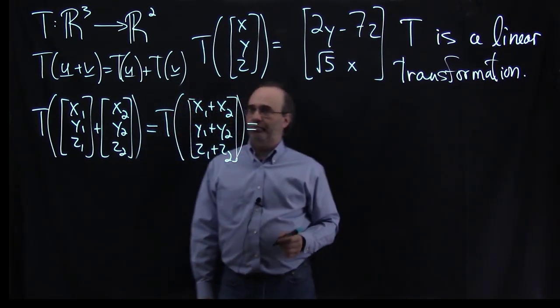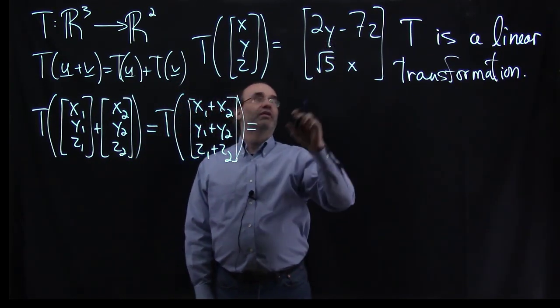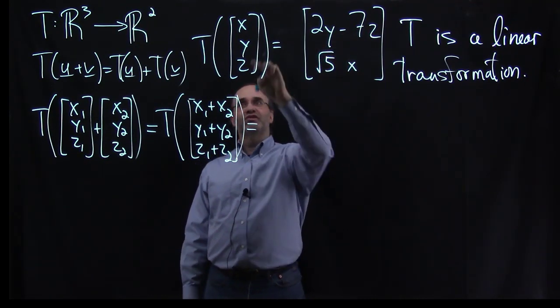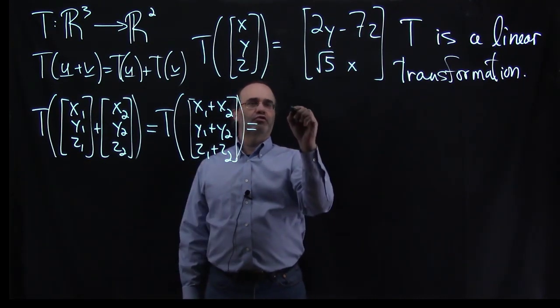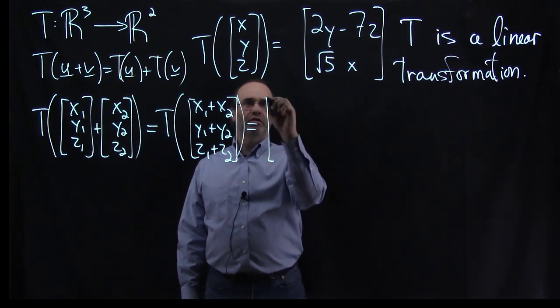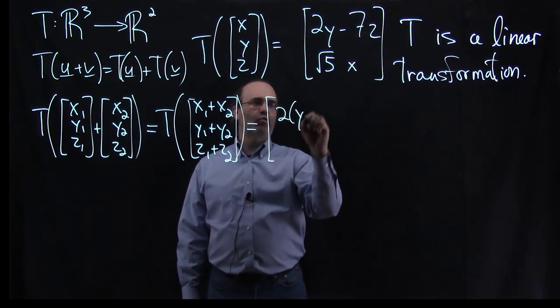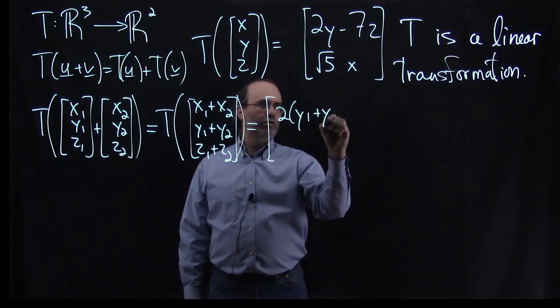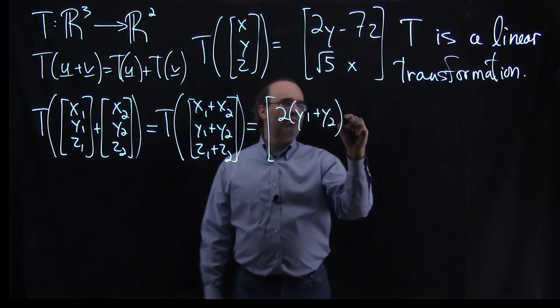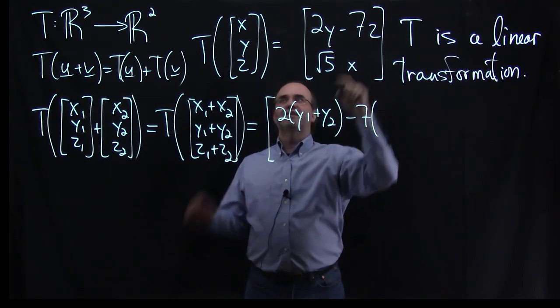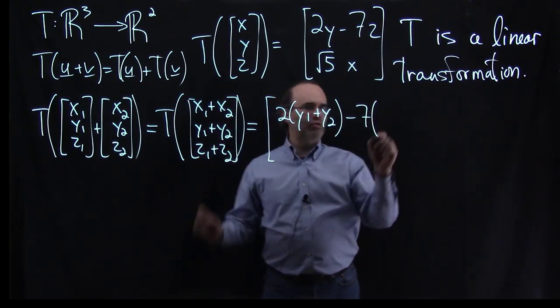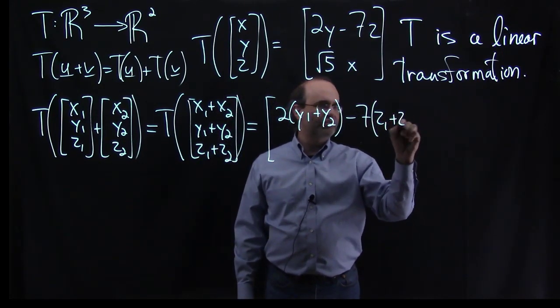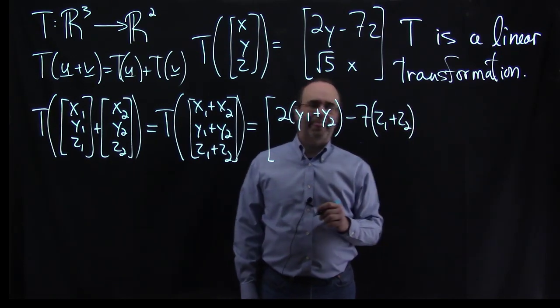Now I can apply T, using this formula. What is y? Well, y is y1 plus y2. So I get 2 times (y1 plus y2), and then minus 7z, but the z here is z1 plus z2, so I put z1 plus z2.